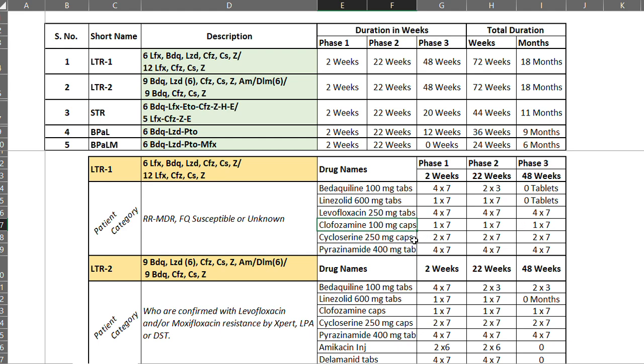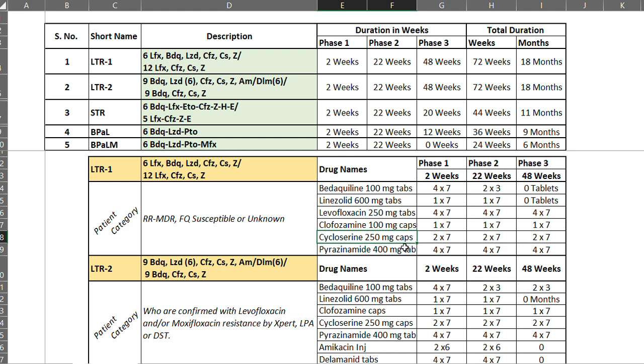Cycloserine is similarly used as 2 tablets daily, 7 days a week, during the first 2 weeks of phase 1, then 2 tablets daily for the next 22 weeks of phase 2, and then again 2 tablets daily for the next 48 weeks of phase 3.